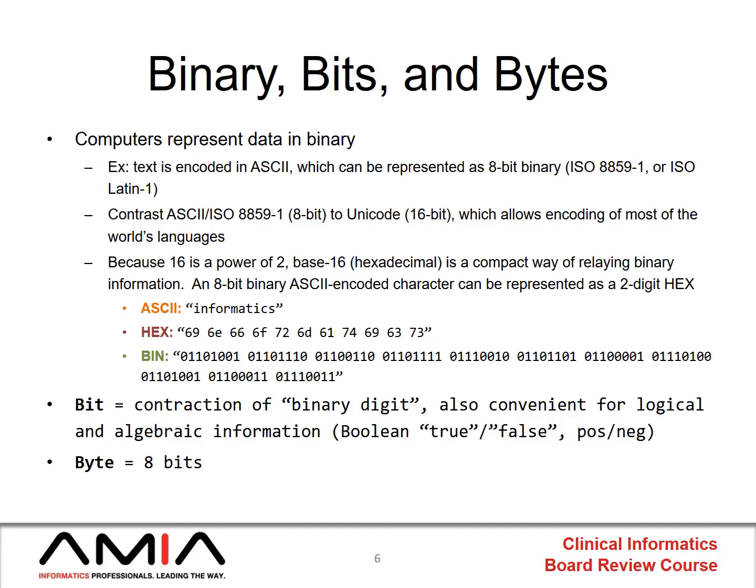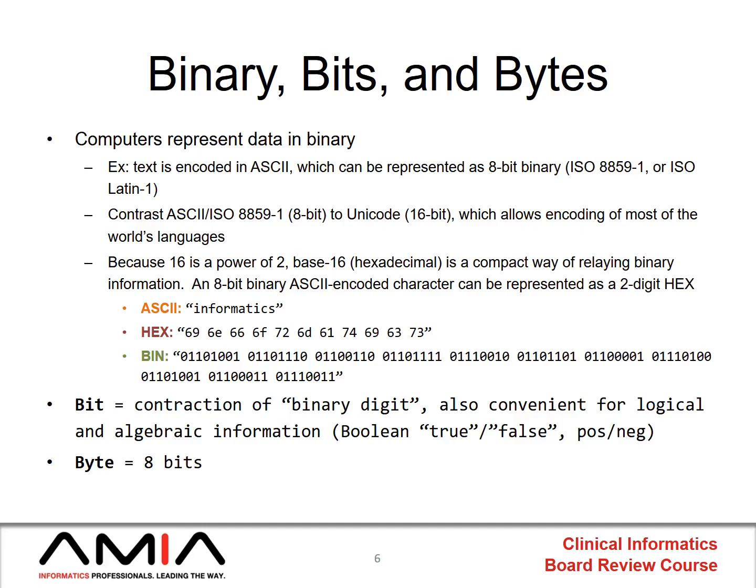Because 16 is a power of 2, you can actually represent binary digits in hexadecimal or base 16. And as an example of how you can translate back and forth and how people might be able to condense information, think of the word informatics represented in ASCII characters, just the lowercase letters INFORMATICS.